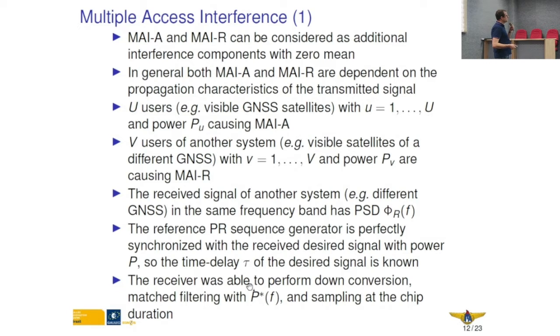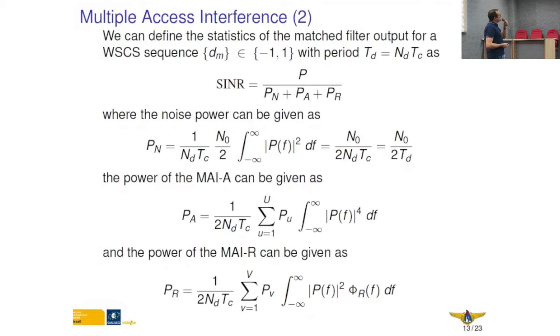This is the consequence of it. The receiver was able to perform down conversion and matched filtering, which means that our model assumed in the GNSS receiver is again perfect. So we assume that the chip pulse shape is known as it was transmitted from the satellite.